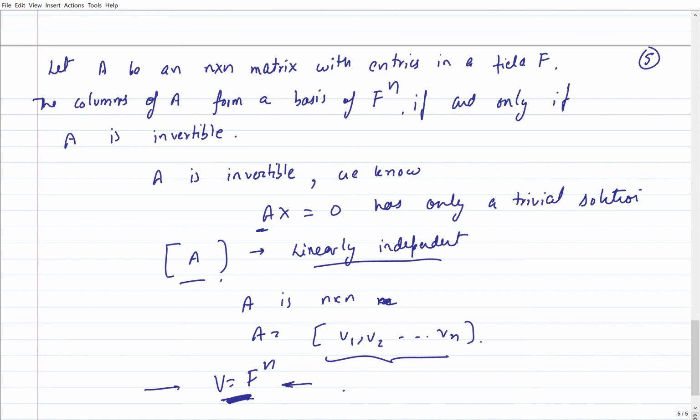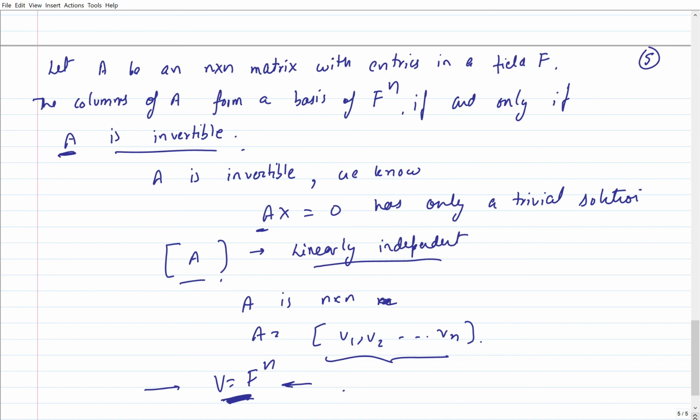So again, I repeat the proposition, which is to say that columns of A form a basis if and only if A is an invertible matrix.